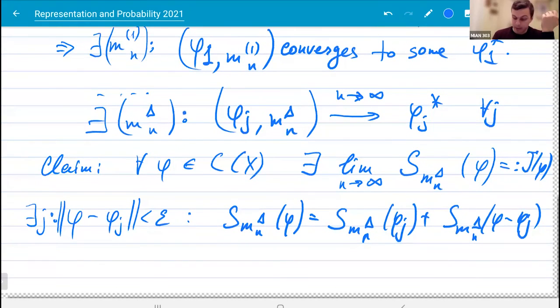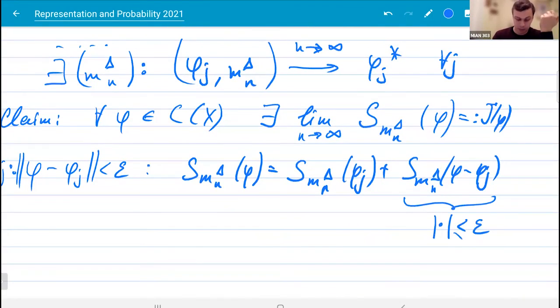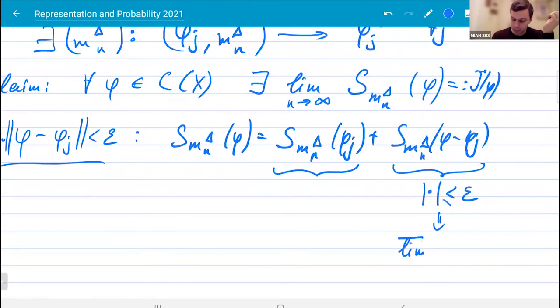Okay, this is by absolute value not more than epsilon because of this. Because when you average a function that is bounded by epsilon, the averages are also not more than epsilon. And therefore its upper limit minus its lower limit is not more than 2 epsilon.